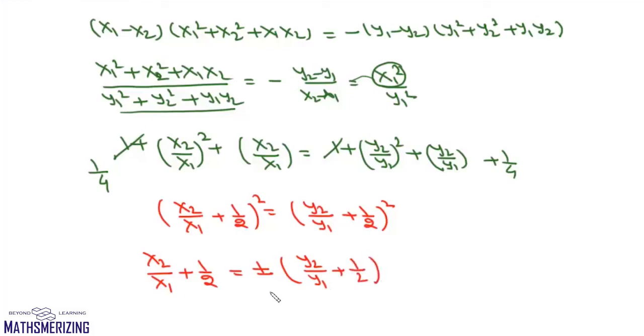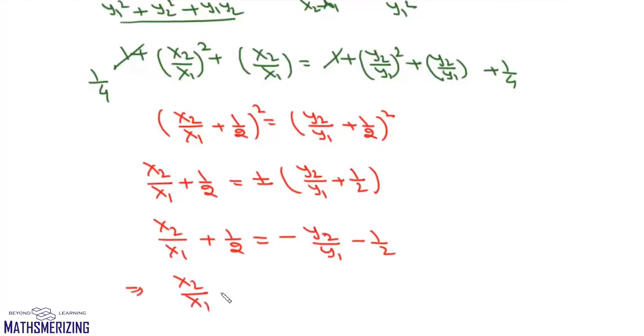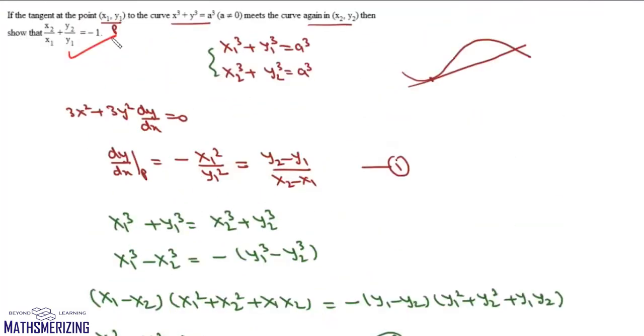Now if we take the plus sign, we won't get distinct points. So if (x1, y1) and (x2, y2) are distinct points, we'll have to choose the minus sign. So we can write x2 upon x1 plus 1 by 2 equals minus (y2 upon y1 plus 1 by 2). Now we rearrange it, we can write this as x2 upon x1 plus y2 upon y1 equals minus 1, which is what we need to prove in this question.